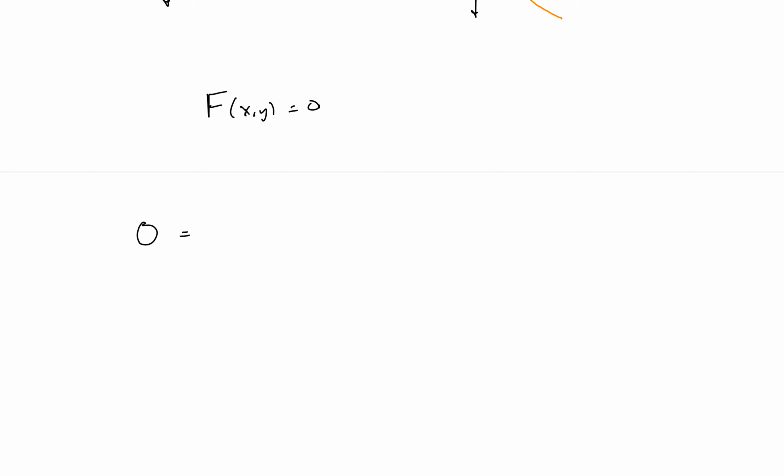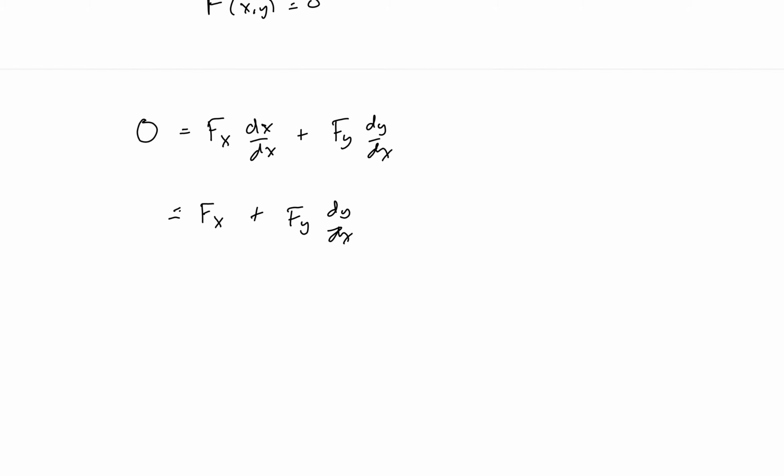Well, the derivative of 0 is 0, and then I have f sub x times dx, which is just 1, plus f sub y dy dx. So this is just f sub x plus f sub y dy dx. Then we just solve this for dy dx, and we get negative f sub x over f sub y. And that's how we found our dy dx.